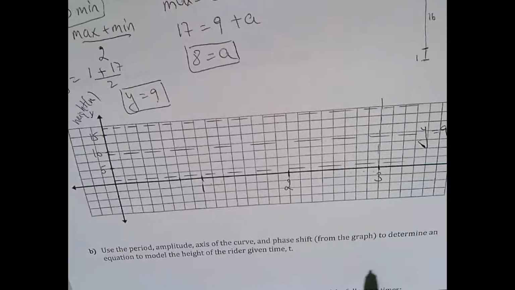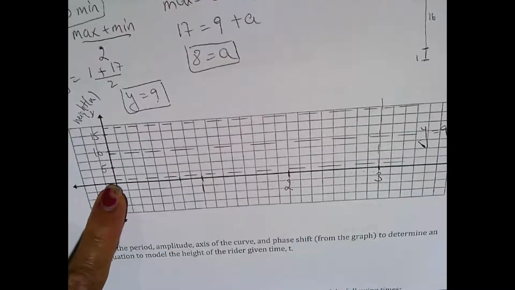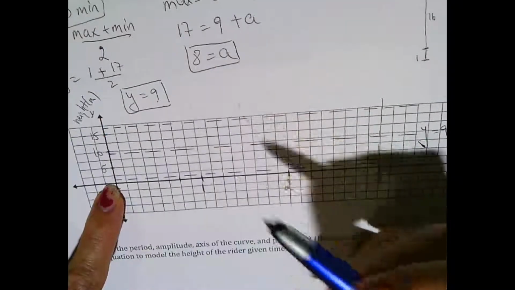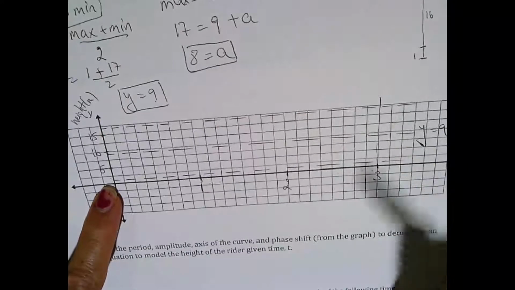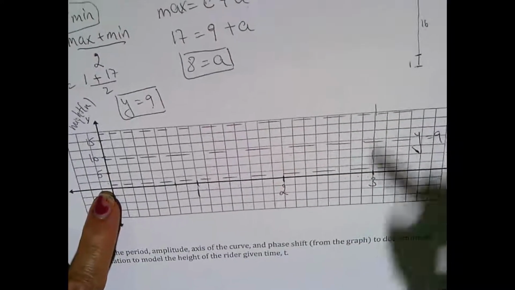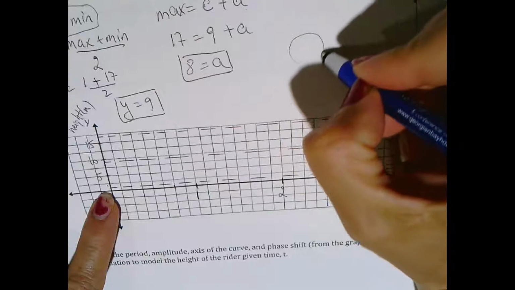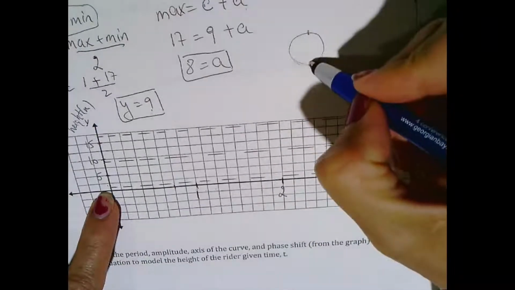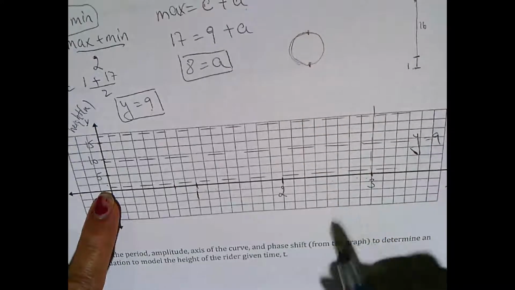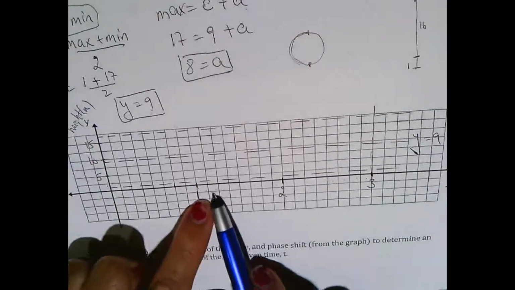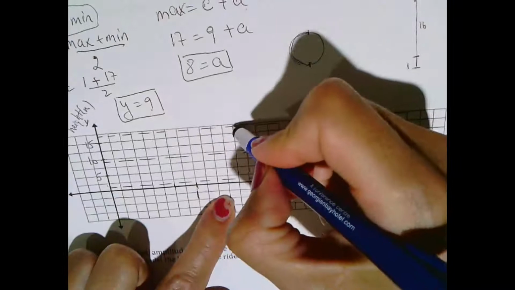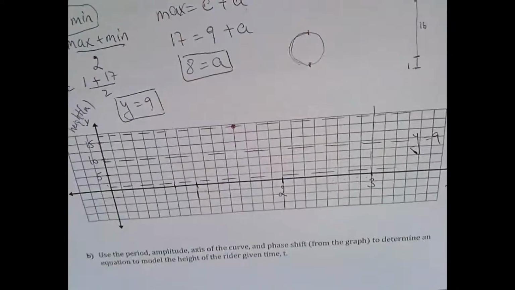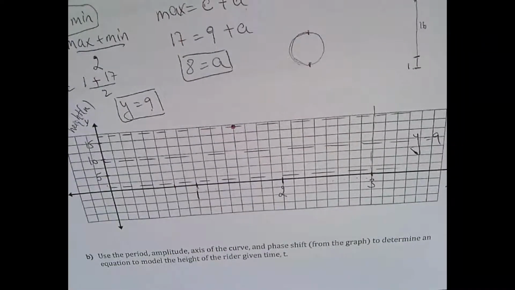So where do I start from? Well, I start from the bottom because you need to load at the bottom. Now the question is, where is my peak? Well, the Ferris wheel, we all know it's round, right? So if I start here and my peak is here, that means it's halfway through. So at 1 minute and a half, so 1, 2, 3, 4, this will be 1 minute and a half, I will have my peak.